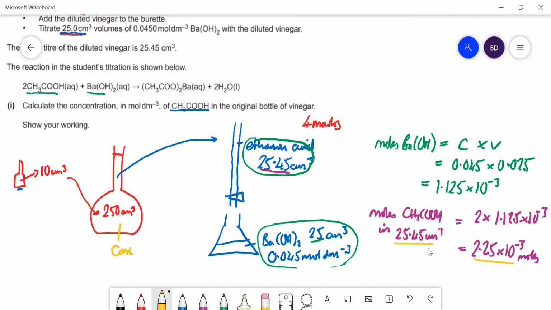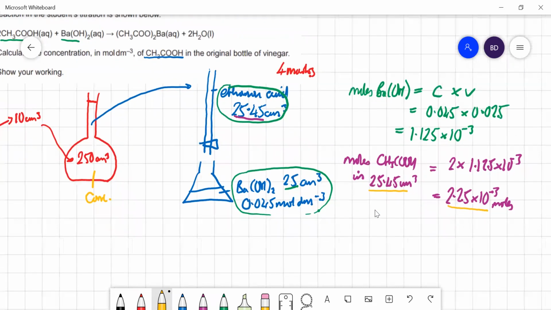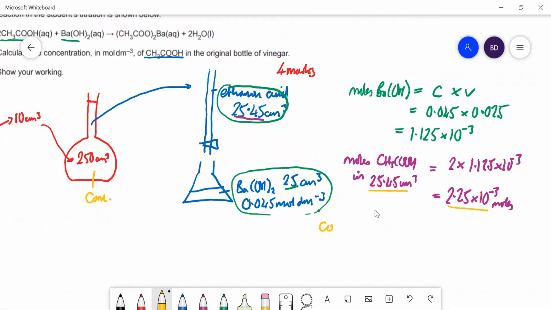So let's work out the concentration of the diluted ethanoic acid. Concentration of the diluted acid is equal to moles over volume, which is 2.25 times 10 to the minus 3, and the volume is 25.45 divided by 1,000, so that's 0.02545.